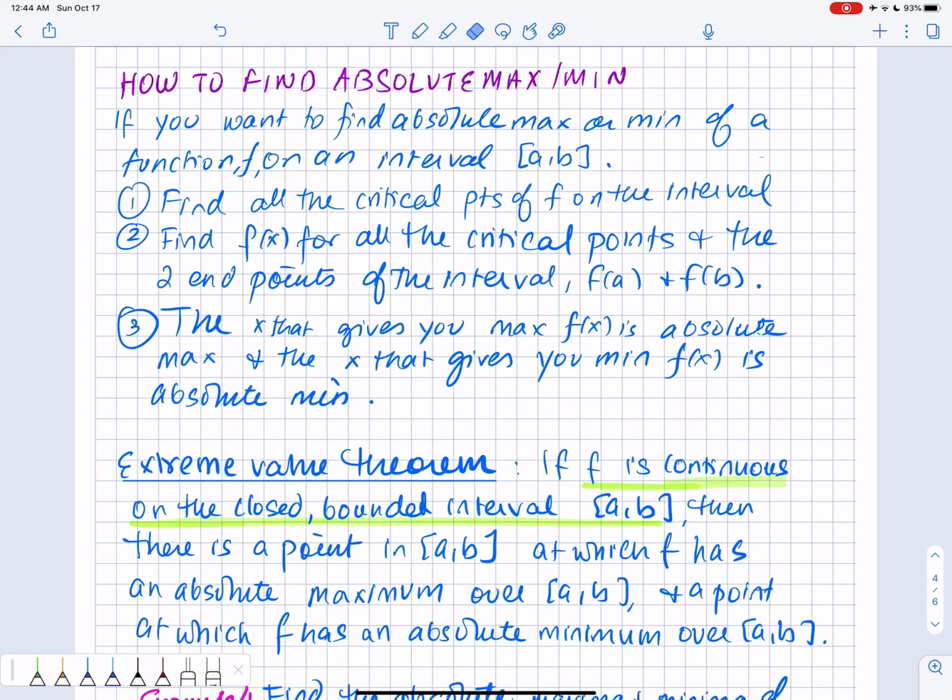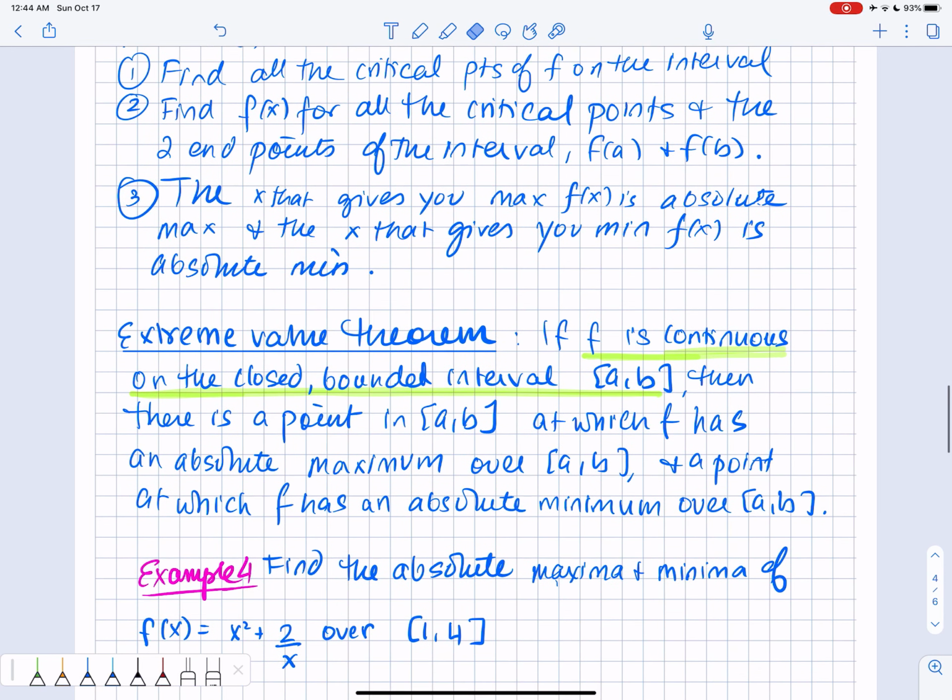Well, the absolute maxes and mins will occur at x's that are critical points or at the endpoints. So you find all the critical points of the function, evaluate f at those critical points and also at the endpoints, and whichever is the very largest will be your absolute max, and whichever is the very smallest will be your absolute min.